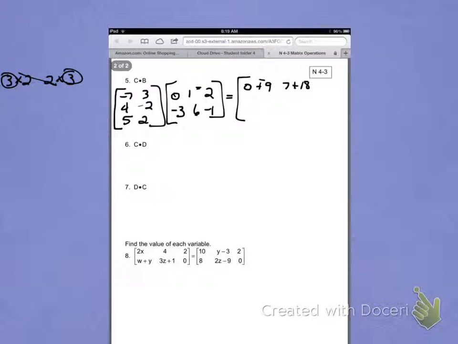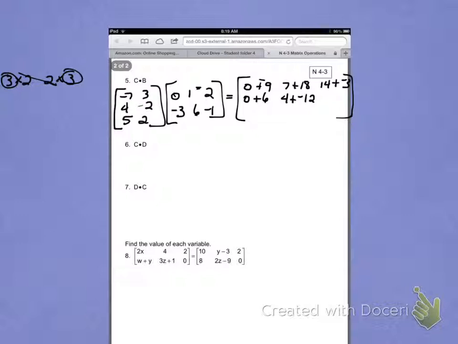And then negative 7 times negative 2 is 14, plus 3 times negative 1 is negative 3. Then 4 times 0 is 0. Negative 2 times negative 2 is 4. And going across, 4 times 1 is 4, plus negative 12.